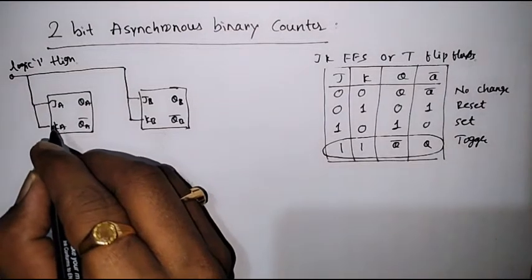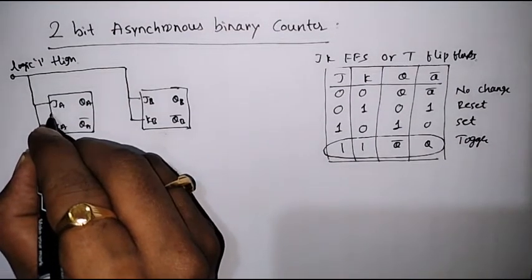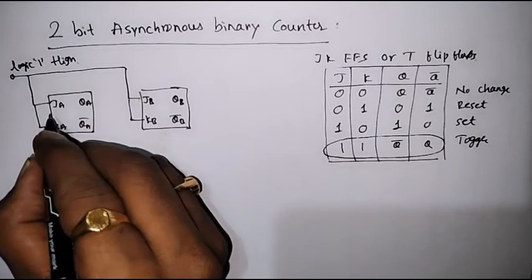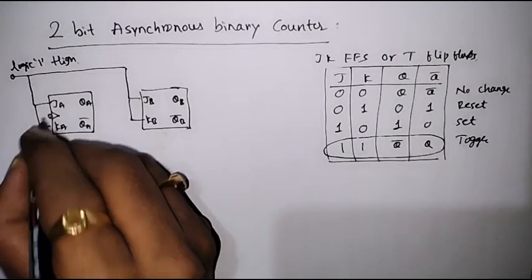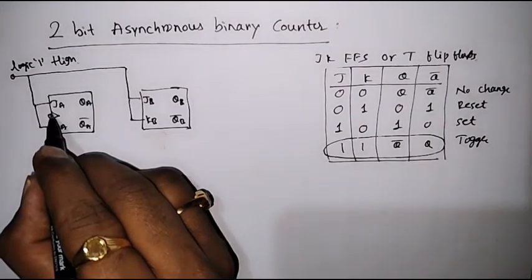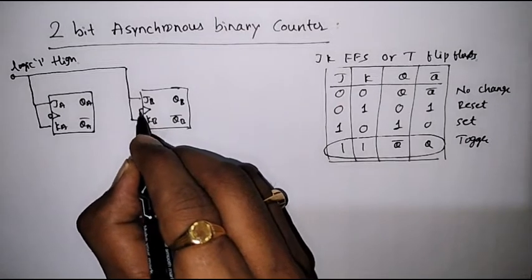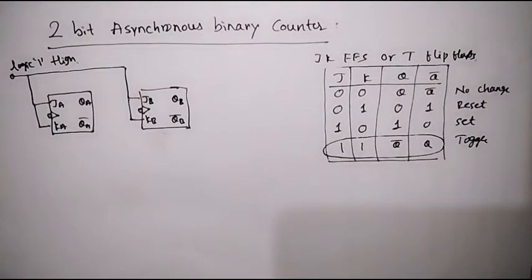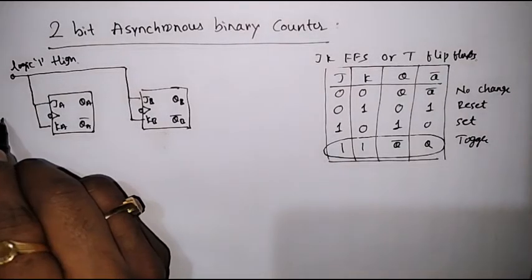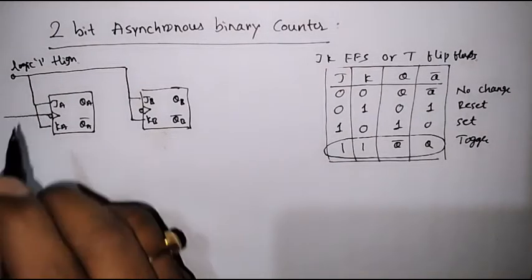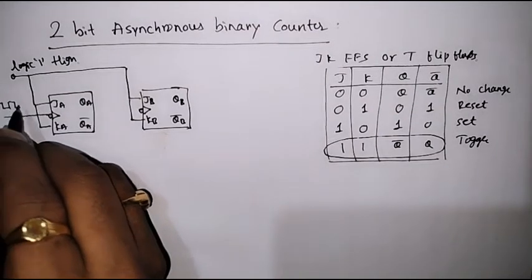Let us consider the negative edge triggered flip-flop. For negative edge triggered flip-flop, the symbol should be like this, that is an arrow with a circle. And in asynchronous counter, the clock input is given to the first flip-flop. Here we are supposed to give the clock input.